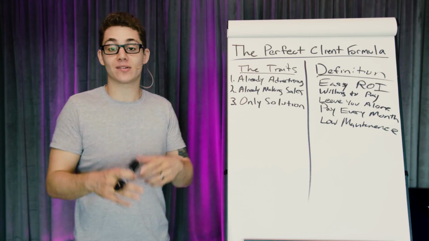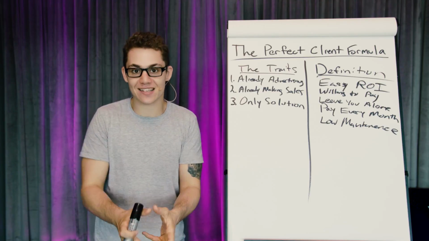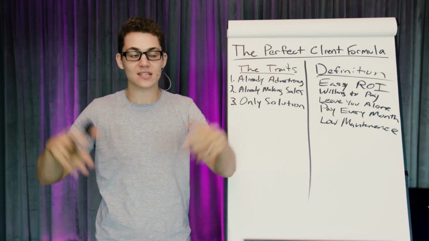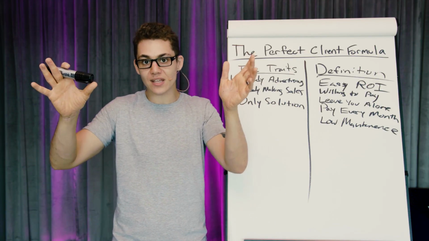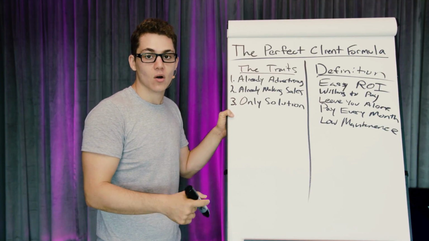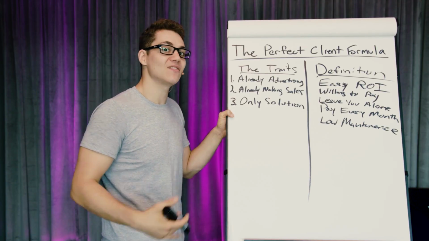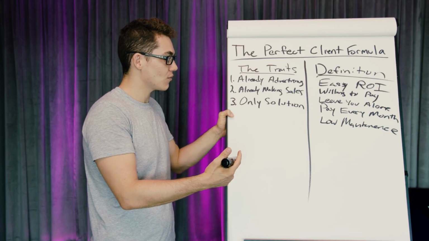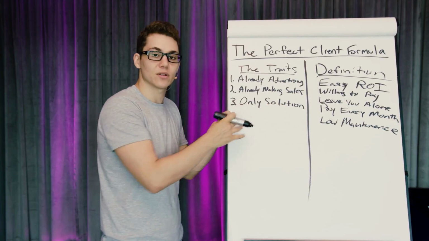If somebody wants to go out to eat, we're just getting them to choose our restaurant. We're not convincing them that they need to go to a restaurant, because everybody goes to restaurants. No need to convince. Everybody goes to a dentist when they have a tooth issue. No need to convince. However, we do need to convince them if we want to hire a coach or something of that nature, or financial advising. We have to convince them, versus a solution that is so common, it's pretty much the only solution.